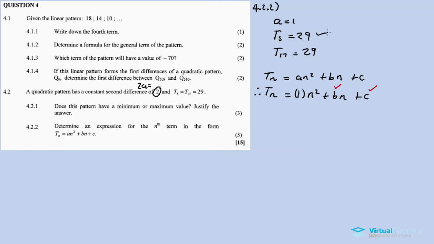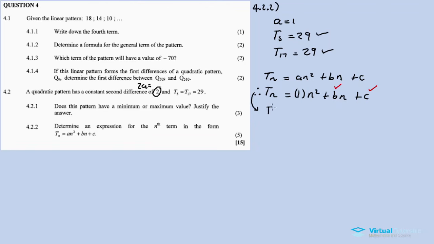Thanks to t5 as well as t17, we can substitute these values into the equation to calculate our b and c. So for the first equation, number 1, let's use t5.